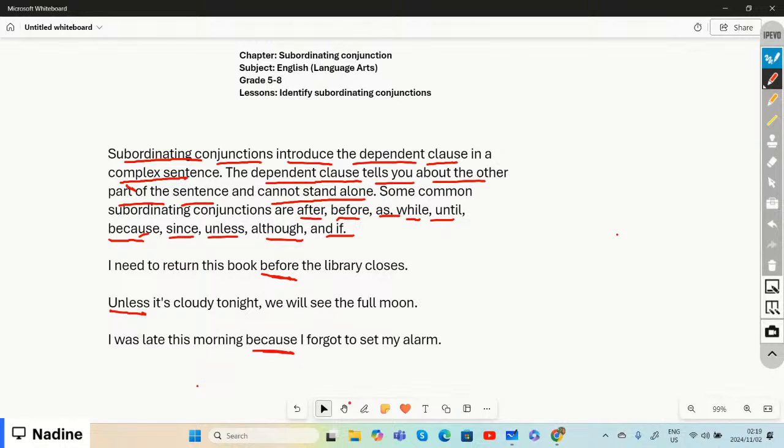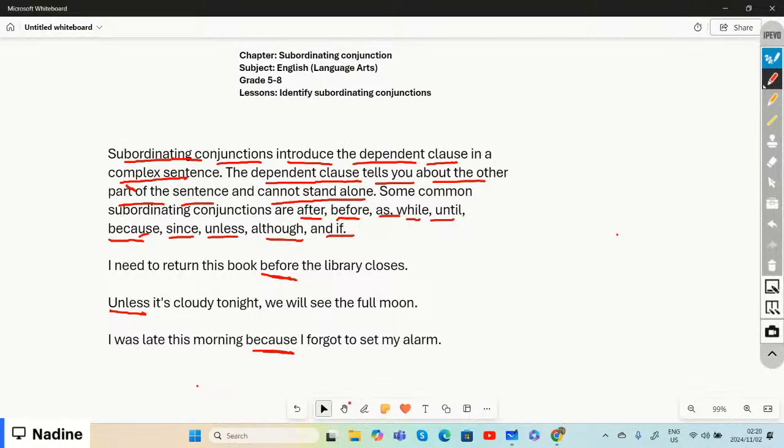All right. So we see that when it comes to certain words, right, we spoke about subordinating conjunctions. We spoke about coordinating conjunction, subordinating conjunction. Guys, there's a difference between subordinating conjunctions and coordinating conjunction, right? A coordinating conjunction joins two simple sentences by using the words and, but, or so.